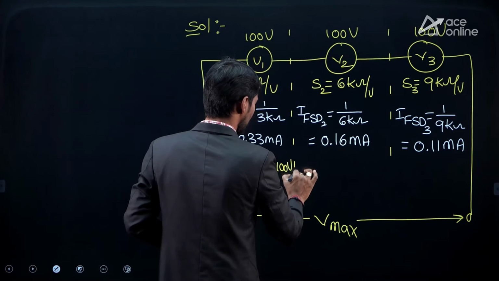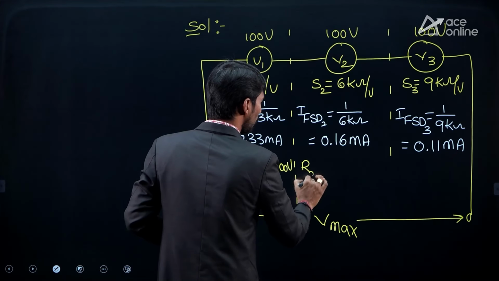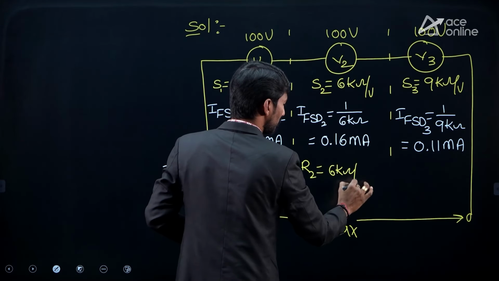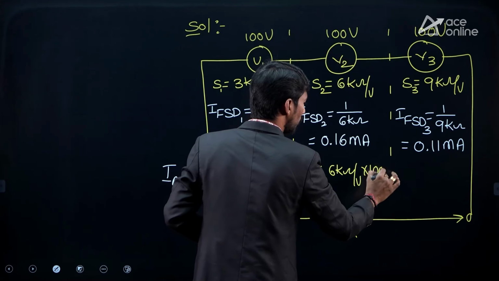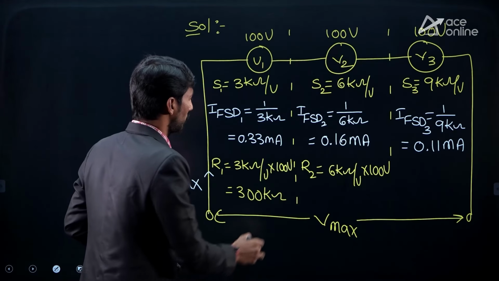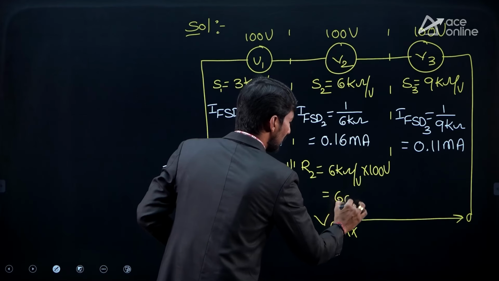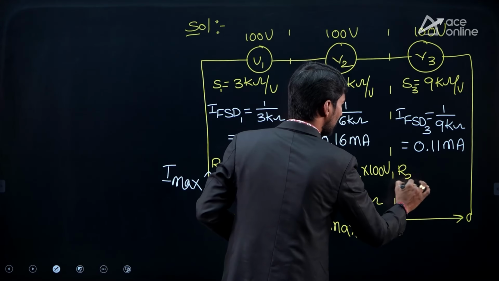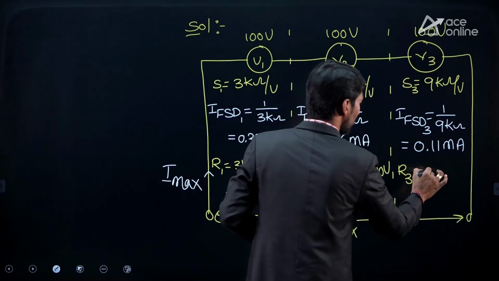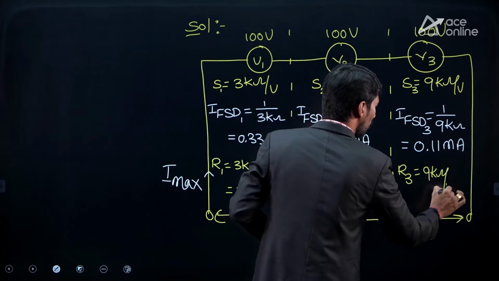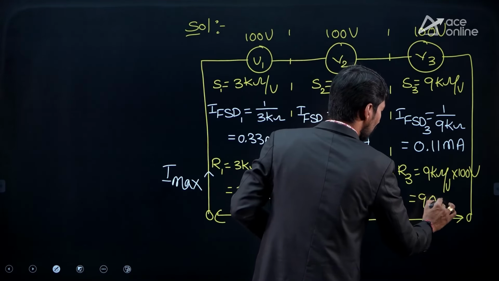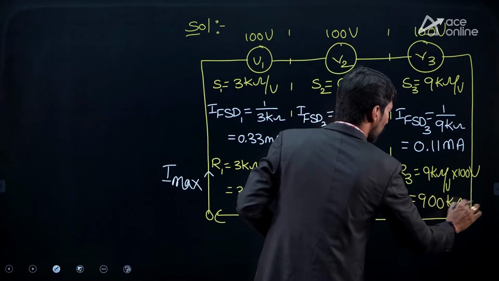Here, R2 is equal to 6 kilo ohm per volt into 100 volt. So therefore, what is this? 600 kilo ohm. And here R3 is equal to 9 kilo ohm per volt into 100 volt. So this will be 900 kilo ohm.